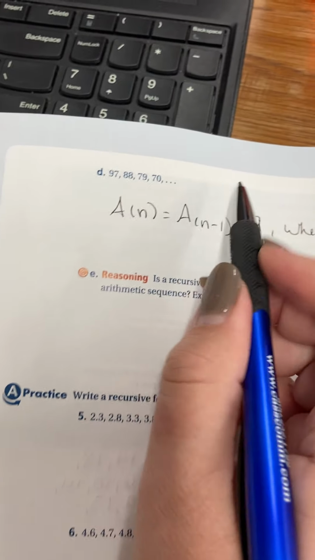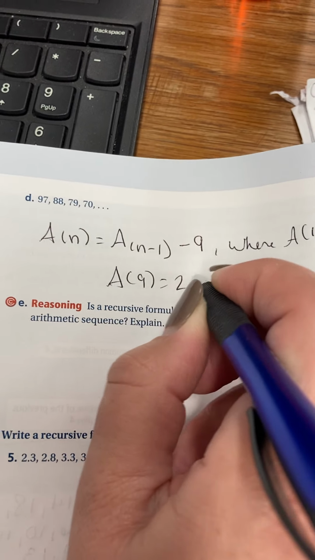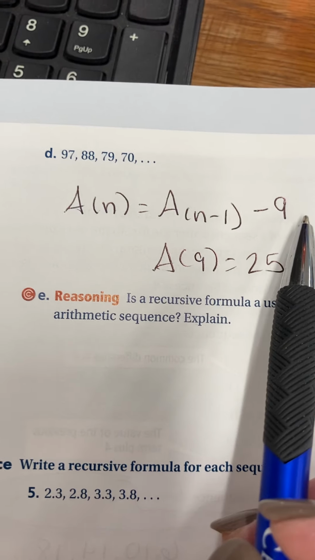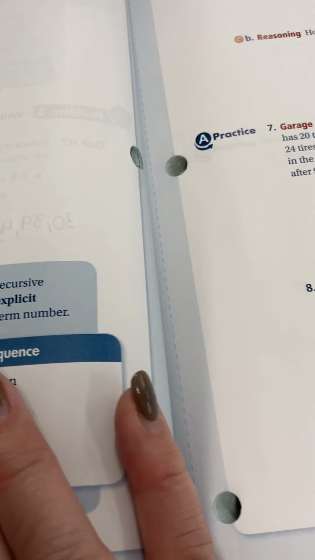Then you would continue with this pattern to get the 9th term, and I believe it's 25. Check my math: go through and just keep subtracting 9 from that to get to your 9th term, and you should have 25.